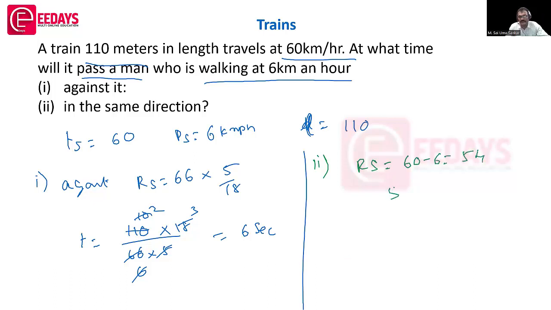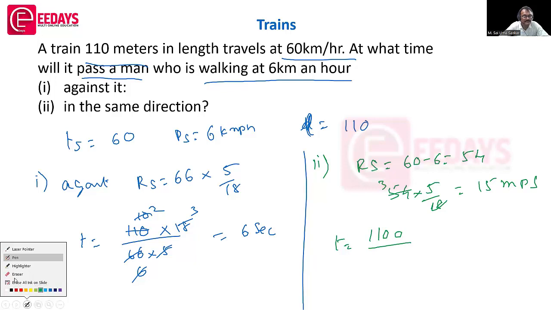Now 54 into 5 by 18. So this is equal to 3 times. So we get 15 meters per second. Okay. Now what is the time? Train length 110 by what is the speed?